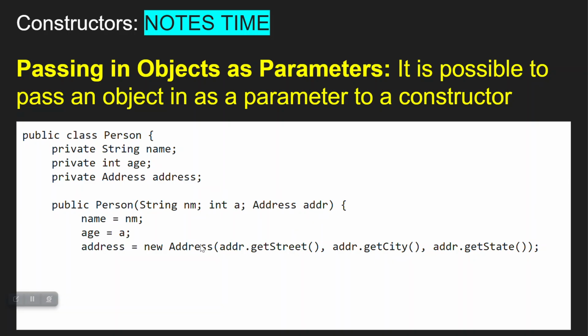But this will create a new address object called address, and it will now be assigned to this particular object, and there you go. So this is a little bit more fancy Java operations that we see happening here. I wouldn't say that this is super common, but it's important to put it on your radar that this is possible, and that you can pass in object references as part of a constructor.